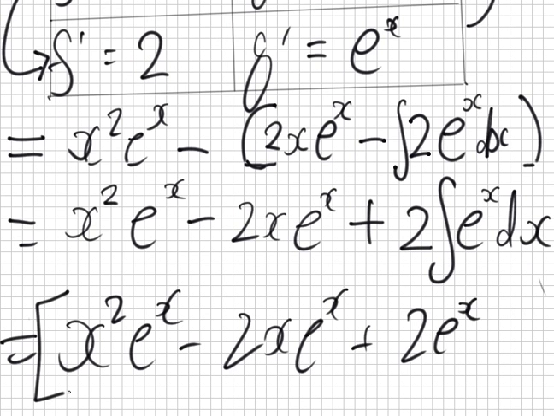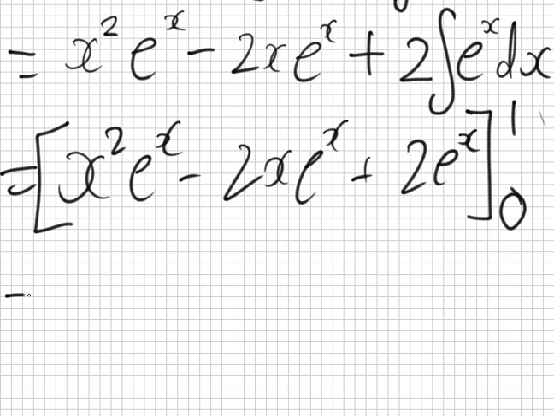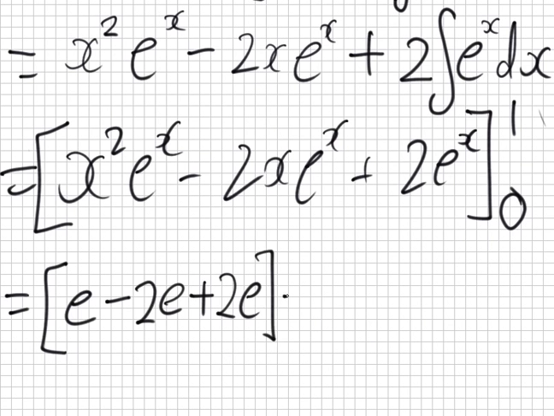So big brackets here for everything. The 0 and the 1 goes in. So first I put in the 1, and I'll get e minus 2e plus 2e, minus, and then I put in the 0. So that's 0, 0, and 2.